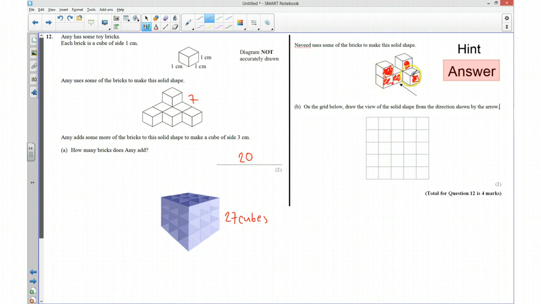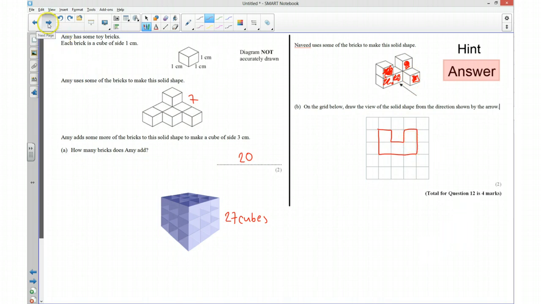And so I'm going to get a U shape in 2-dimension. So we're going to have something that looks like this. Okay, so those 2 squares correspond to this, that one corresponds to that one, and these 2 correspond to these 2 here.